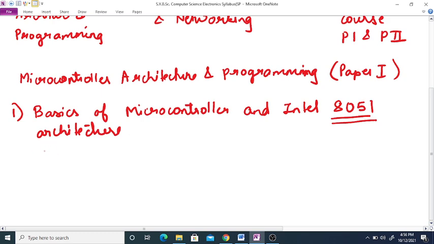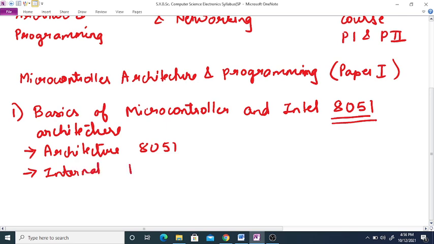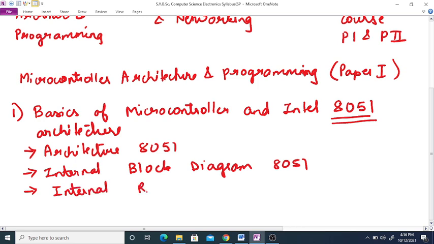So topics are architecture of 8051, second point internal block diagram of 8051, then internal RAM organization, next SFRs.